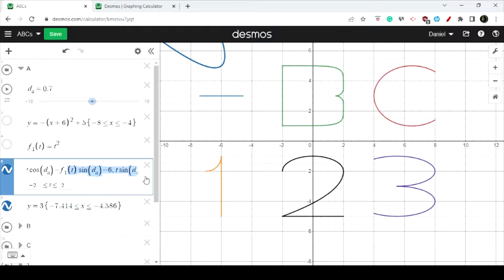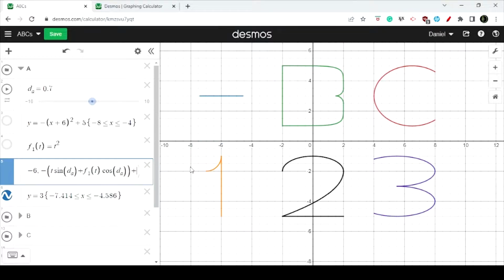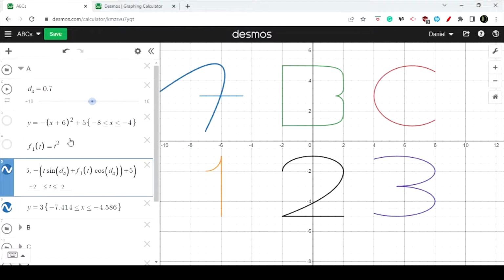So I believe the way to go about that, we actually shouldn't have added the 5 first. We instead should have reflected it first. Let's put parentheses around here, make it negative, so now that's reflected, and then we're going to move the 5 units up.